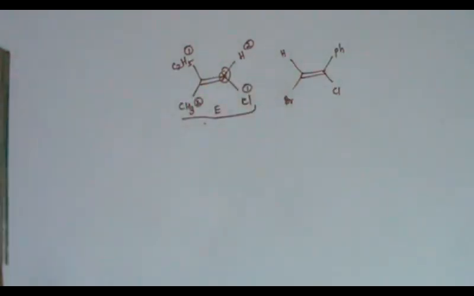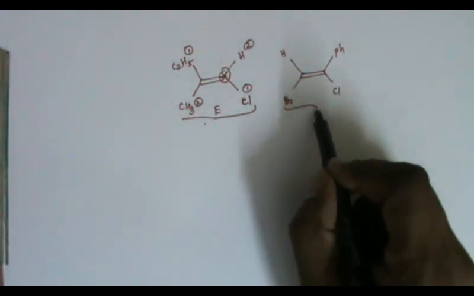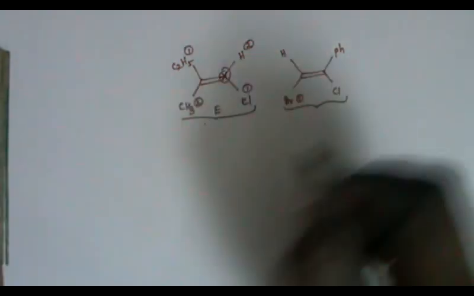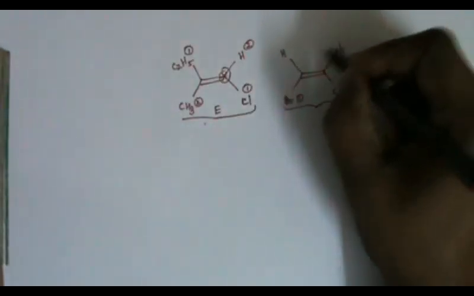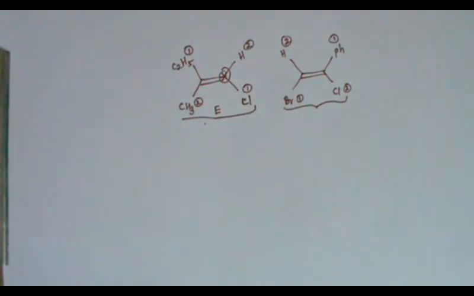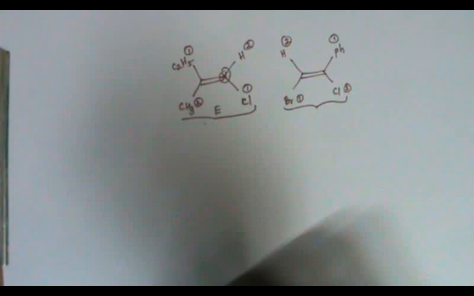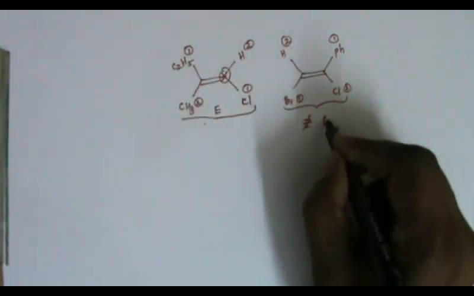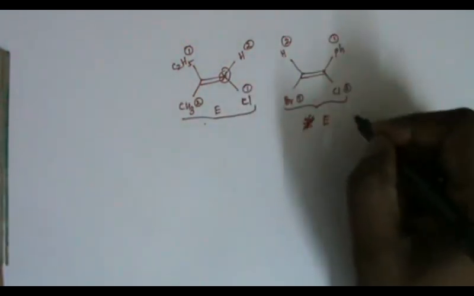Let us try in this case. If you give priority for these two, the first priority will go for this and the second priority for this. In this case, on this side, 1 and 2. Since the 1 and 1 are in the opposite direction, you may wrongly predict it as E. This is wrong.